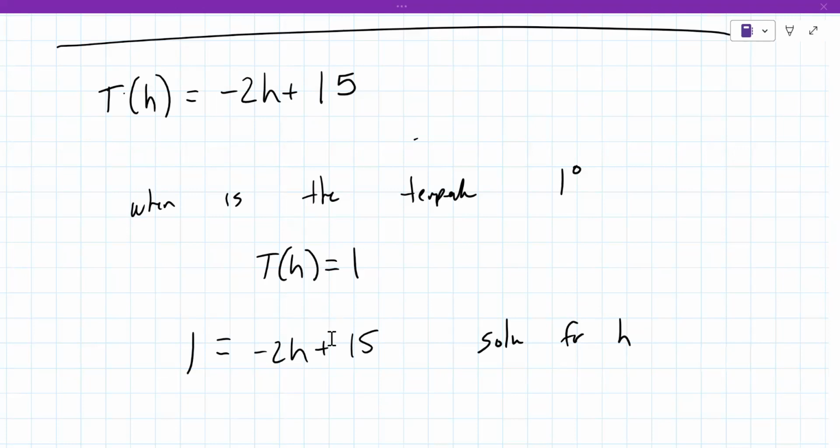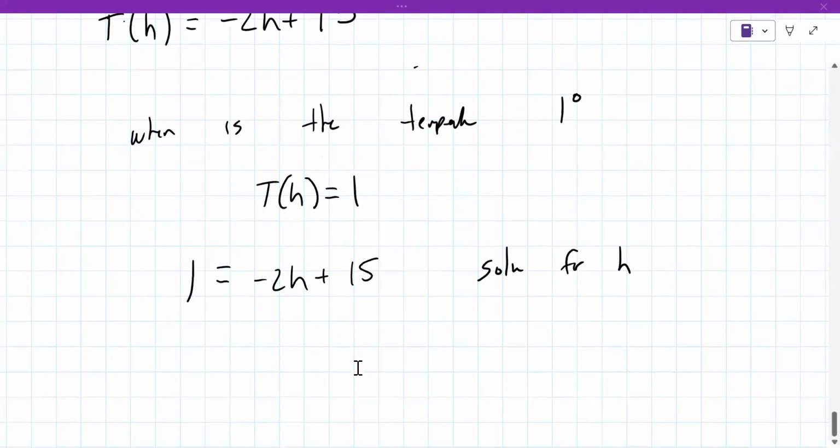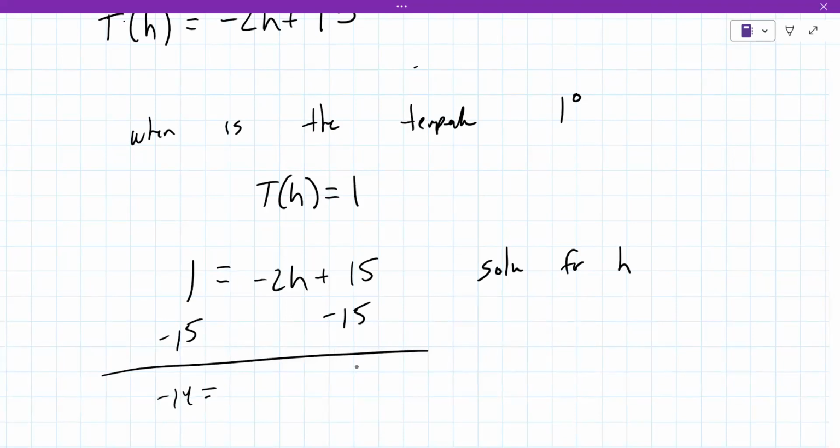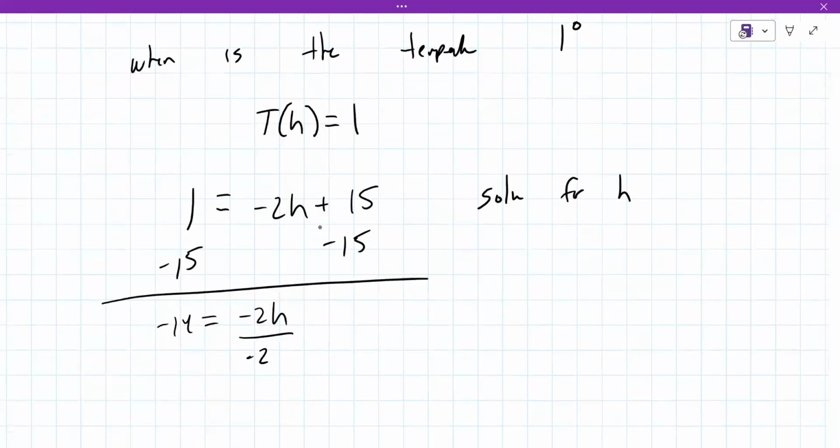What did you get when you took 1 and subtracted 15? I got negative 14 equals negative 2h. Okay, this is good, and that's what I heard as well. So when you divide by -2, it's not 8. Is it positive 8 or negative 8? Nope.